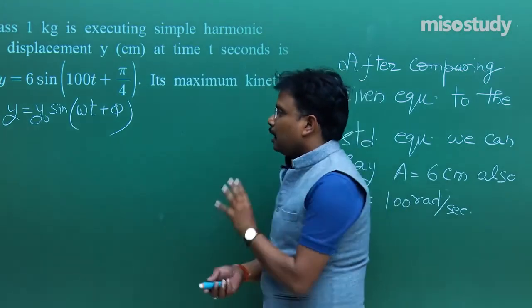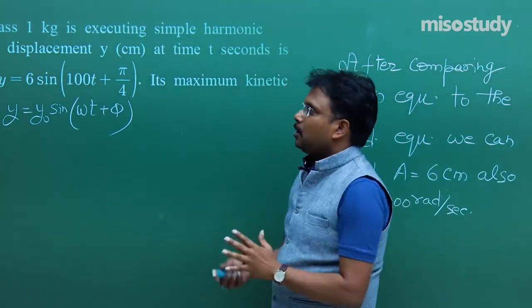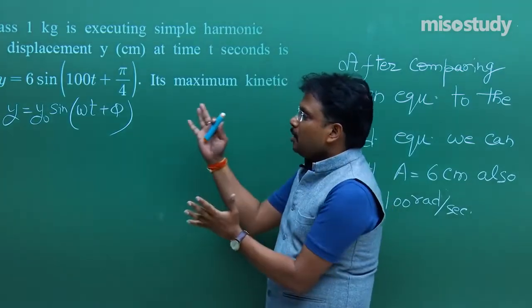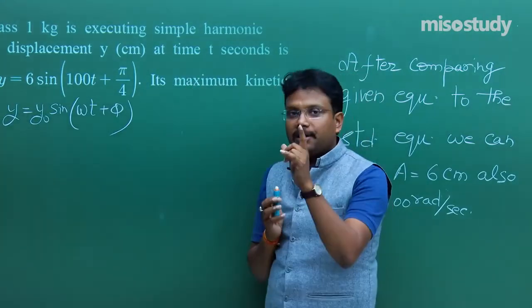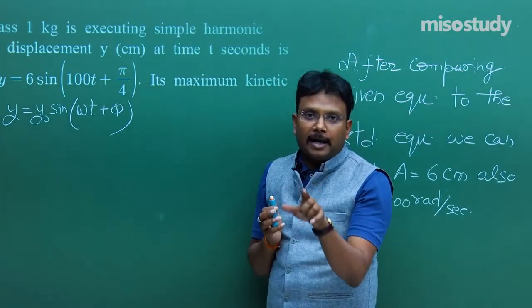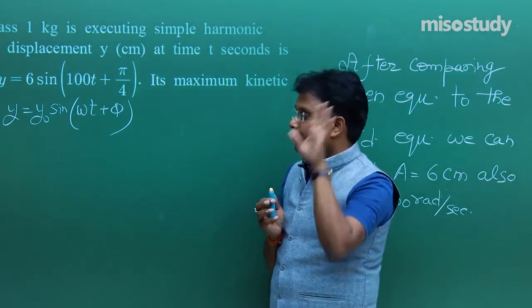Here comes a small twist: how to remember the kinetic energy equation. My main objective of picking this question is just to explain that maximum kinetic energy equation to all of you, fine.